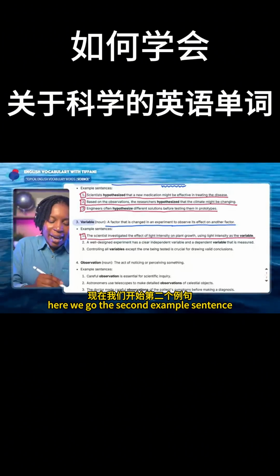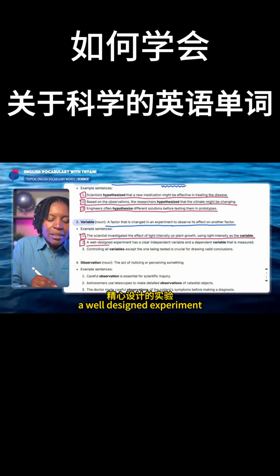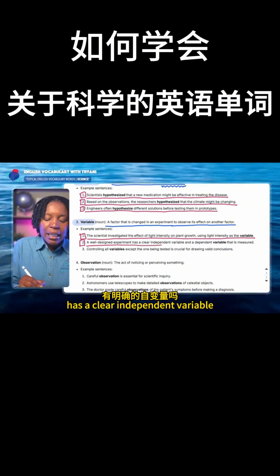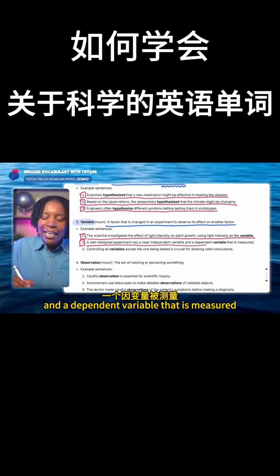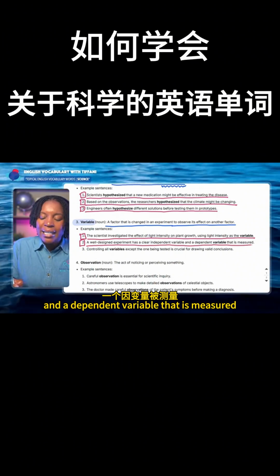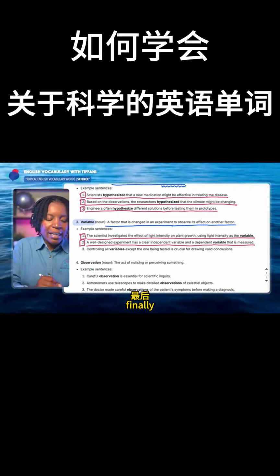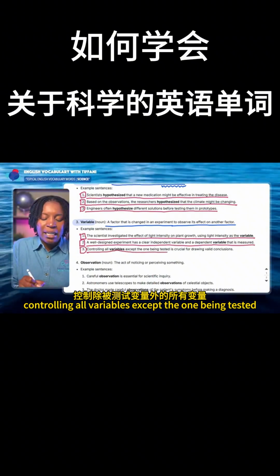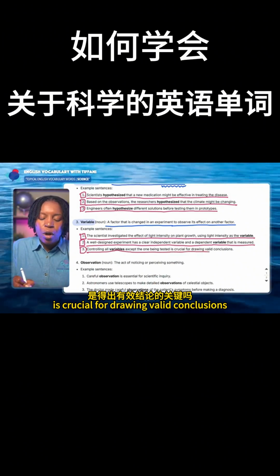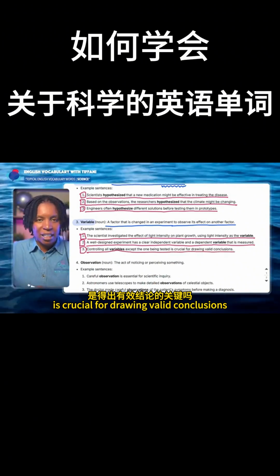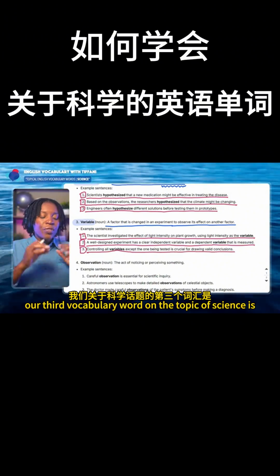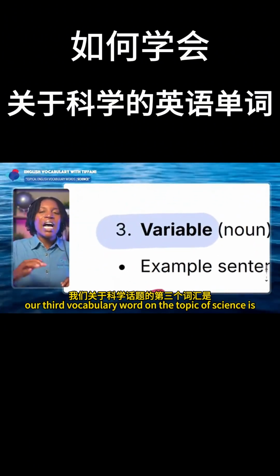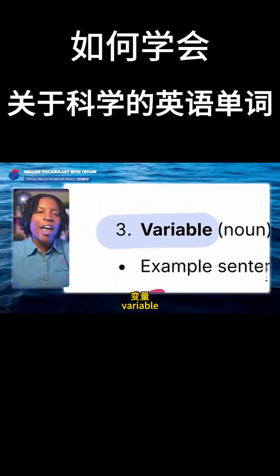The second example sentence. A well-designed experiment has a clear independent variable and a dependent variable that is measured. Finally, controlling all variables except the one being tested is crucial for drawing valid conclusions. All right, so again, our third vocabulary word on the topic of science is variable.